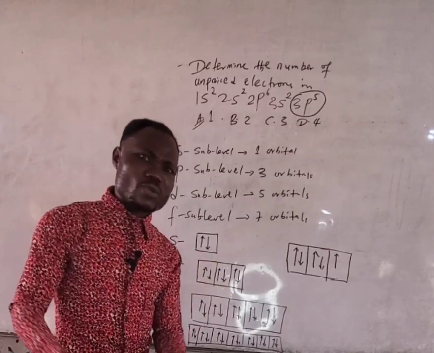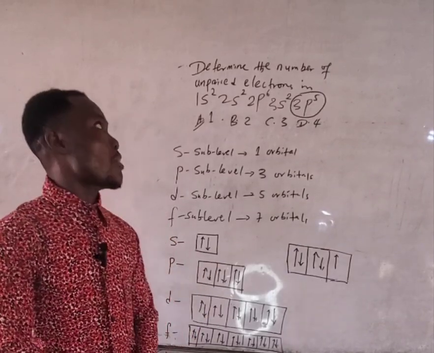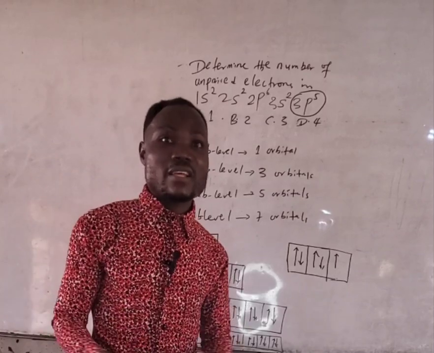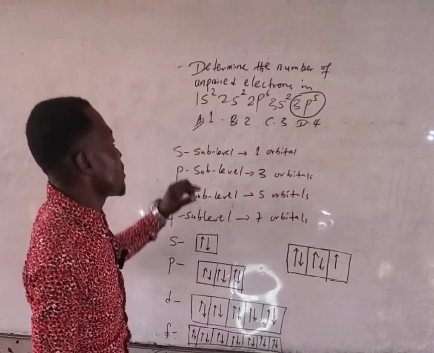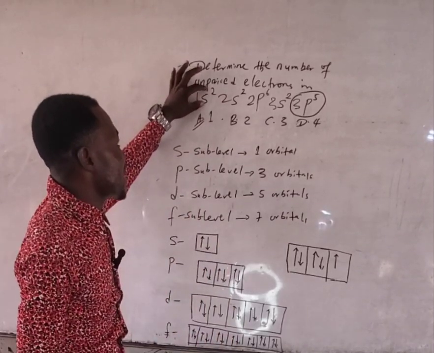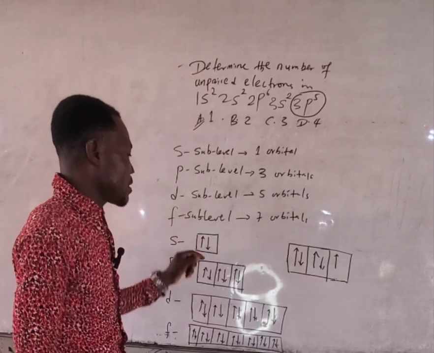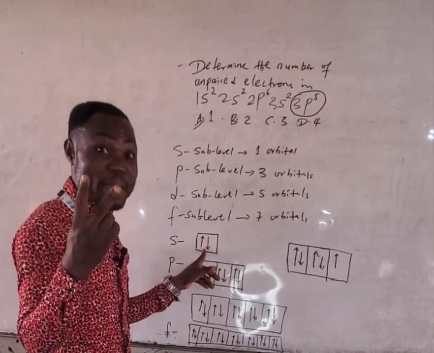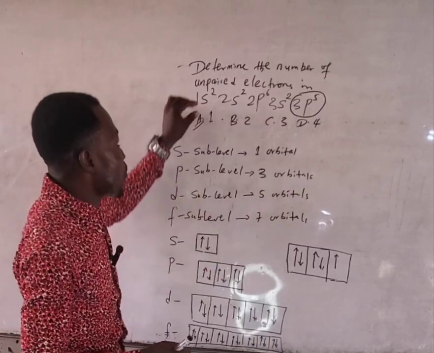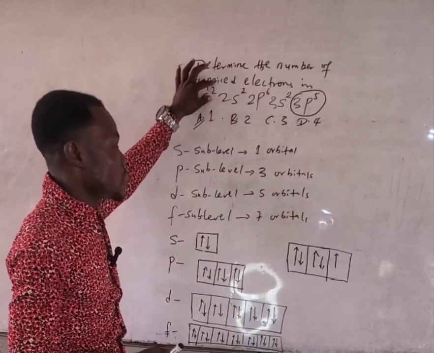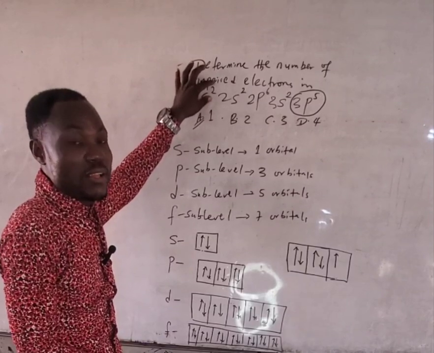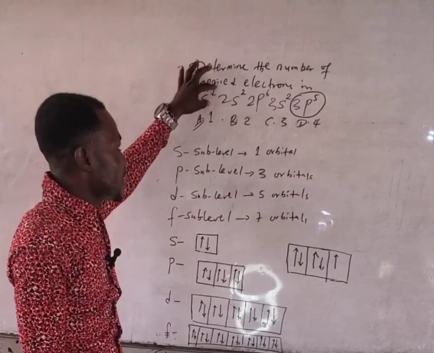Now what happens if the question changes? If the question asks you to calculate the number of paired electrons, that is the opposite now, what do we do? You see, we check, this is S, and it contains just 1 orbital, 2 electrons, that is a pair. So in every S with a complete number of 2 electrons, it just represents 1 pair. So this is 1 pair.